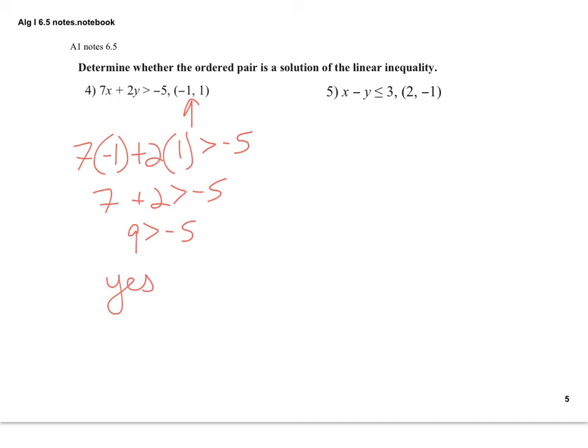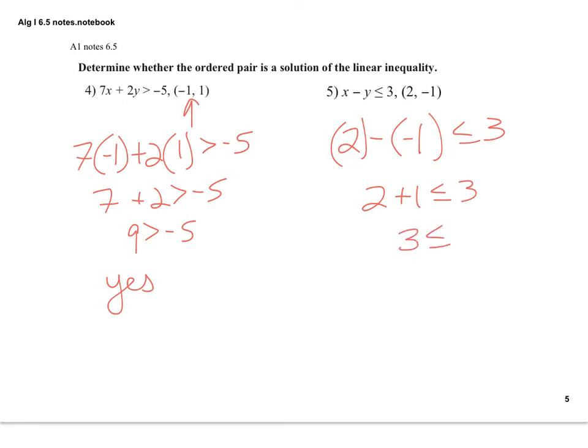We've got x minus y less than or equal to 3, so I'm going to go ahead and plug in my values. X, let's put that in parentheses so you know that I plugged that in for x, minus y, so I'll put a minus 1 there, less than or equal to 3. Well, this is really the same as 2 plus 1 less than or equal to 3.